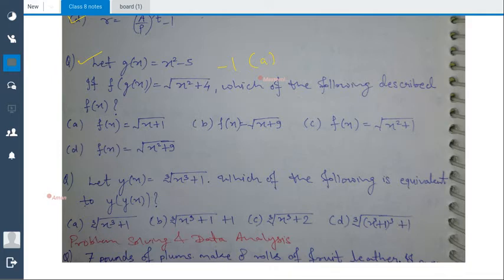B is x squared minus 5 plus x squared minus 5. What's G in this? Is G just G of x? G of x is a function. Okay. So G of x is the name of this function x squared minus 5. F of g of x is under root x squared plus 4. Which of the following describes f of x?